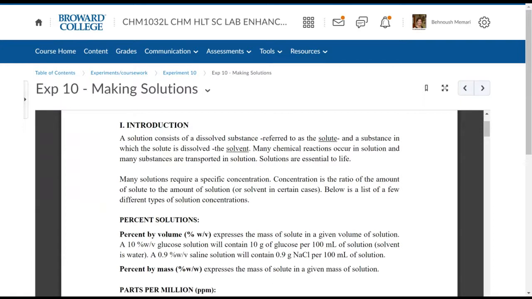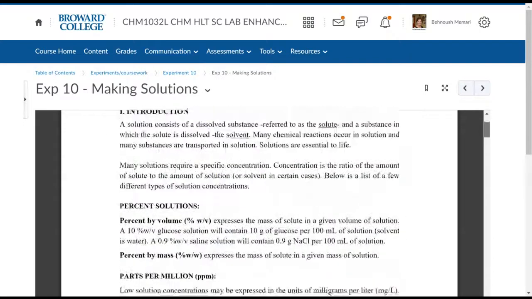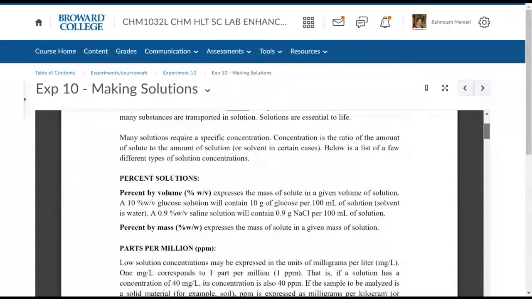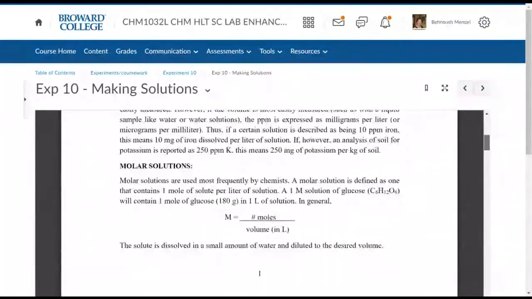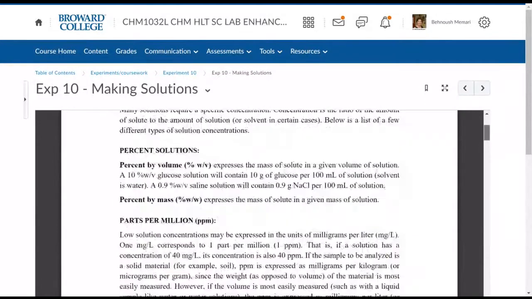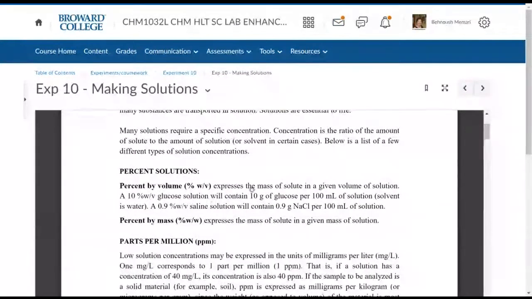The ratio of solute to solvent can be expressed in a few different units. One of the units is percent of the solution. We could have a percent by volume, or we could have a percent by mass. So if you say percent mass by volume, what does it mean? It expresses the mass of the solute in a given volume of the solution.